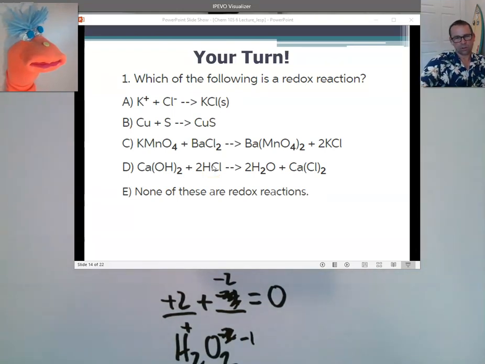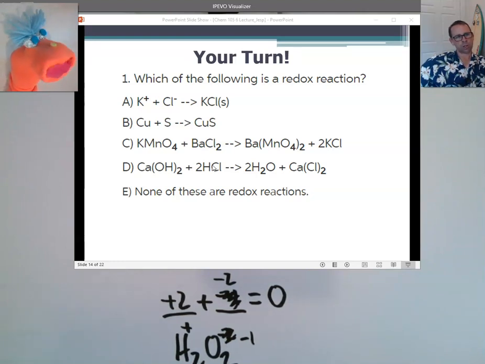All right, so now can we look at this reaction here and find out which one of these is a redox reaction? Potassium ion, chloride ion. That's not a redox, right? Because A is not a redox because they start off as charged species and then they come together.